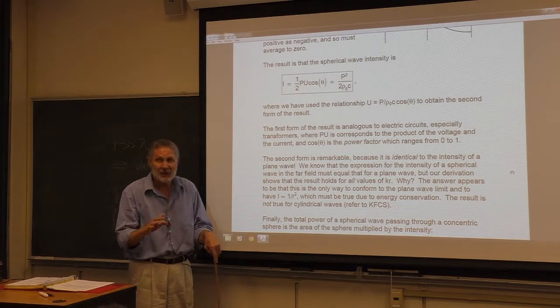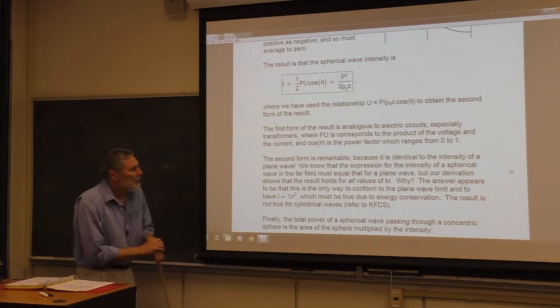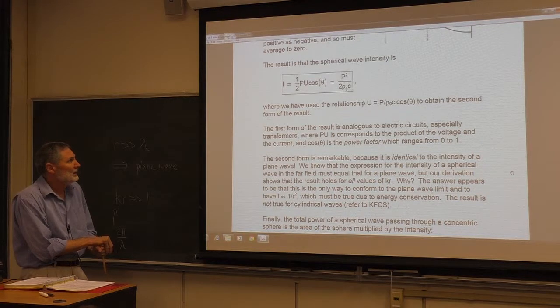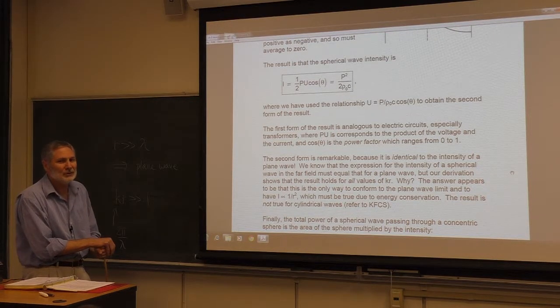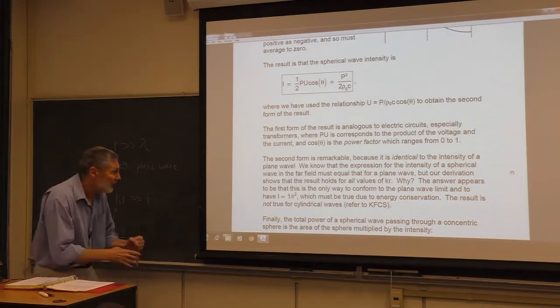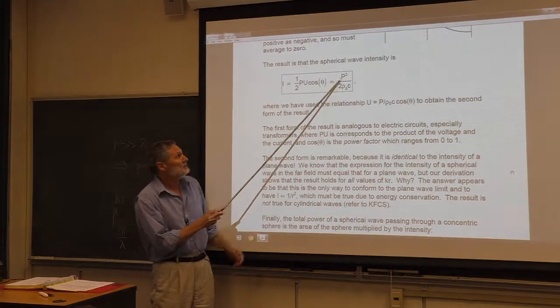That's one of the first things we did in the lecture here. And apparently the only way to conserve energy is that the intensity has to go as 1 over R squared. Now that I think about it, the intensity has to go as 1 over R squared. And the only way to get it is here.